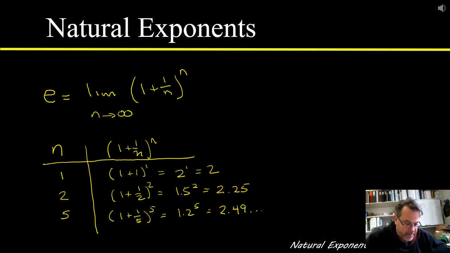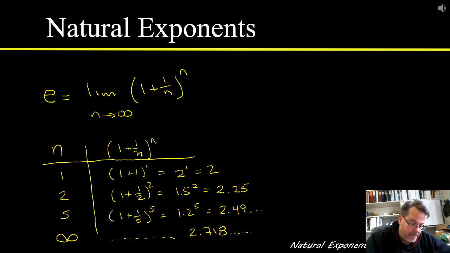It's kind of fun to play around with. Put in bigger and bigger numbers, put in 10, 100, 1,000, a million, right? And when you get to very, very large numbers, as this n approaches infinity, then the value of e will eventually give you 2.718 and so on and so forth.